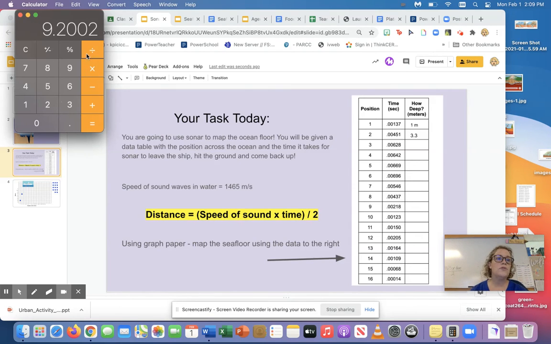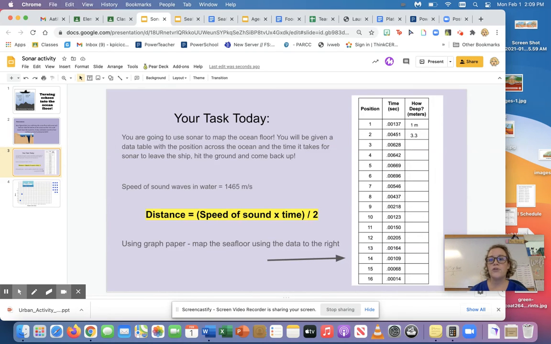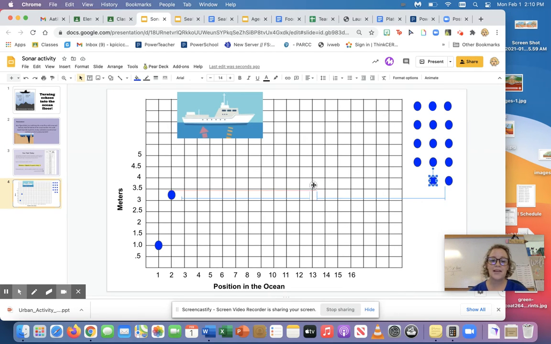So 9.2 divided by 2 gets you an answer of 4.6. You're going to put that in the box, 4.6. And now we just have to graph it. So you're going to position 3, 4.6 meters. Here's my circle. I'm going to go to the next line over. Position 3 up to 4.6, which was right after 4.5.